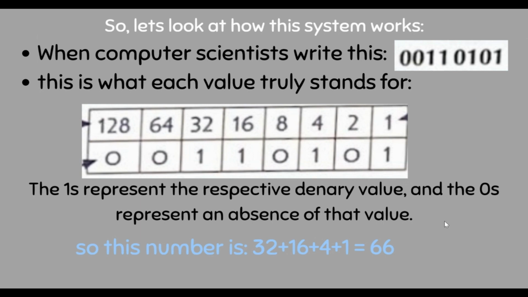The 1 stands for a 16. The 1 stands for a 32. The 0 stands for no 64s and no 128s. So the 1s represent the respective denary value, and the 0s represent an absence of that value. So this number is equal to 32 plus 16 plus 4 plus 1, which is 66.